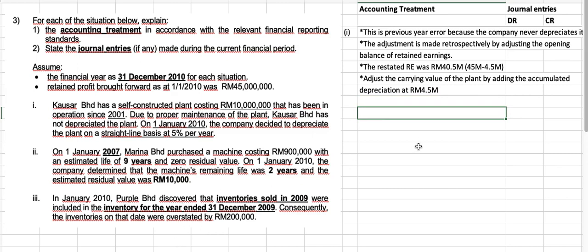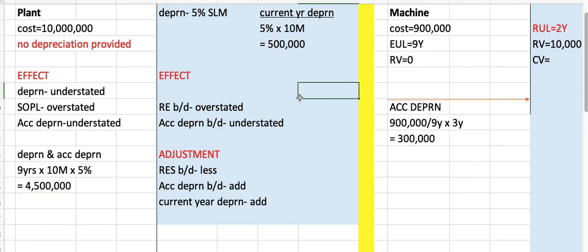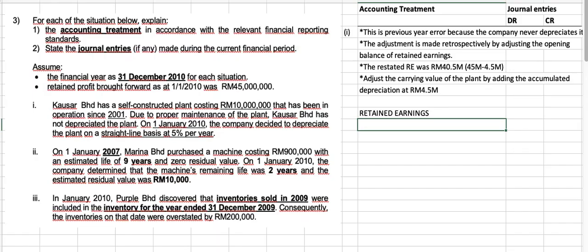Debit retained earnings 4.5 million, because it was overstated, so we need to reduce it with a debit to retained earnings. And then the current year depreciation, we charge in 2010, so it goes to SOPL depreciation.